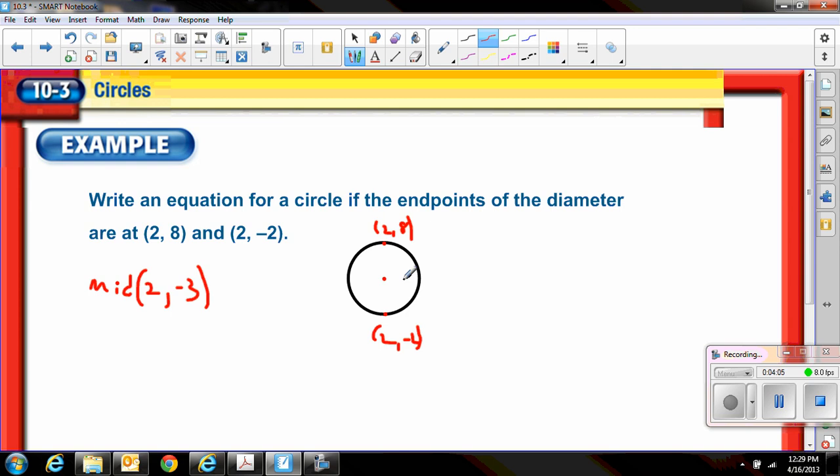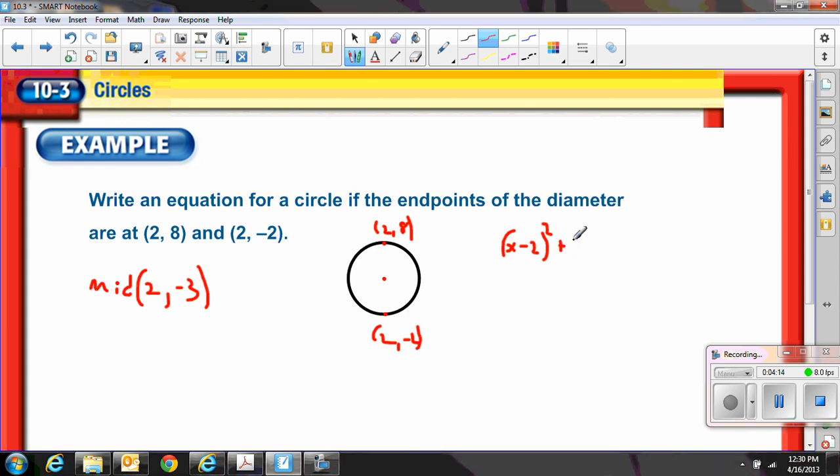That marks the center. So if my center is at (2, negative 3), this would be the equation (x minus 2) quantity squared plus (y minus negative 3), or (y plus 3), quantity squared equal to r squared. So the last thing that I'm missing is r. r is the distance from the center to a point on your circle.